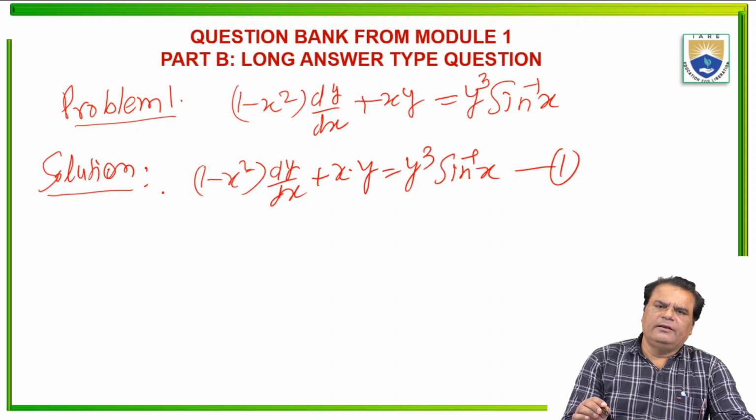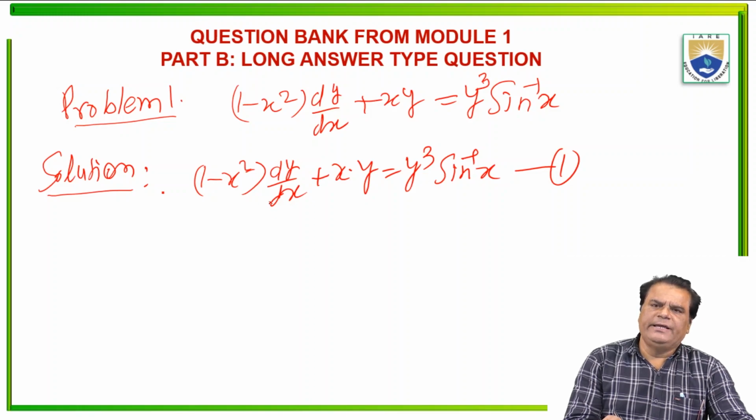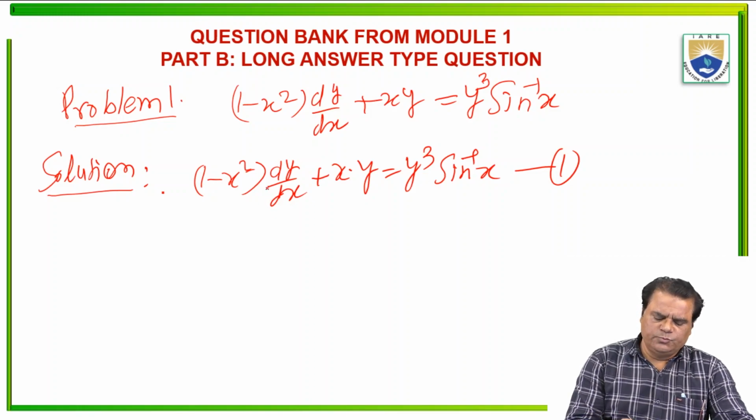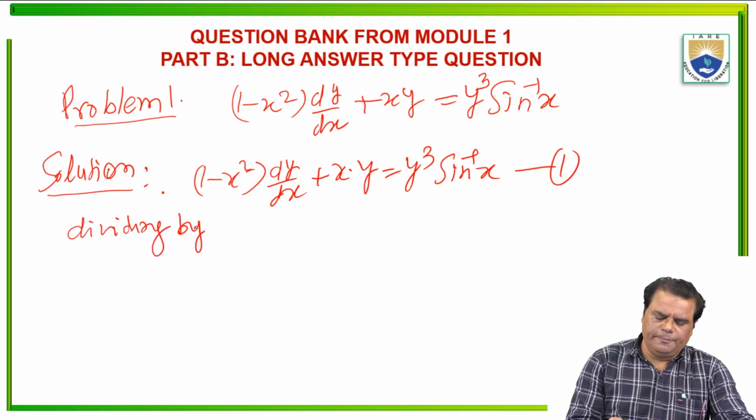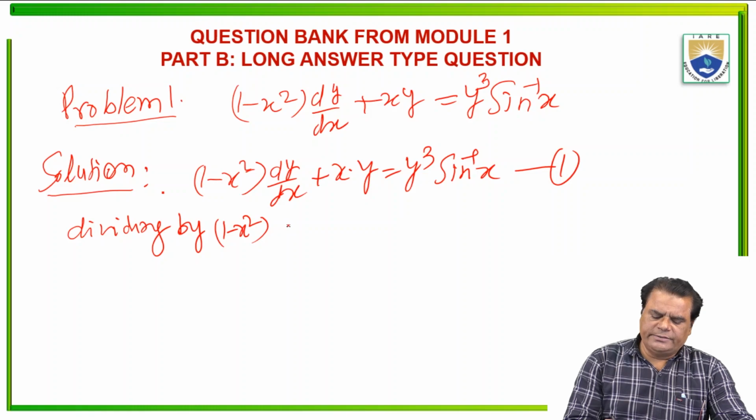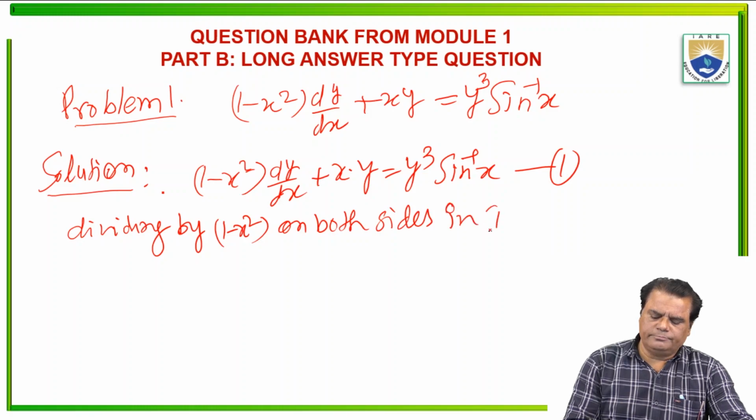First of all, we divide each term by the function which is given before dy dx, that is, by 1 minus x square on both sides in equation 1.